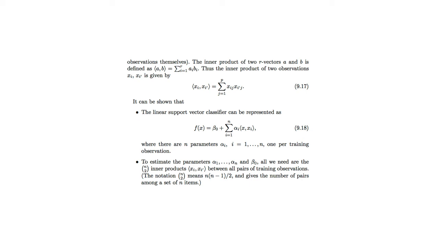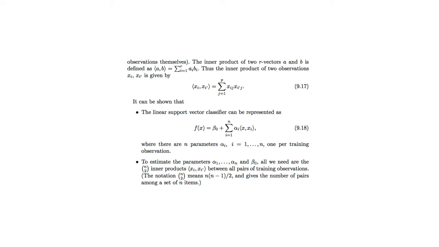It's shown with these angle brackets. So if we have these vectors, we have an inner product like that. If we look at the solution to the linear support vector classifier, we can depict it as a sum of a bunch of inner products.